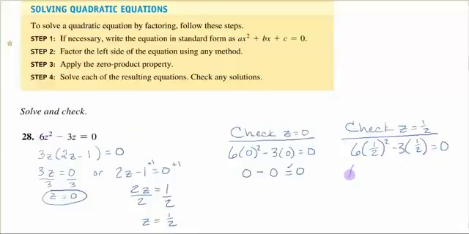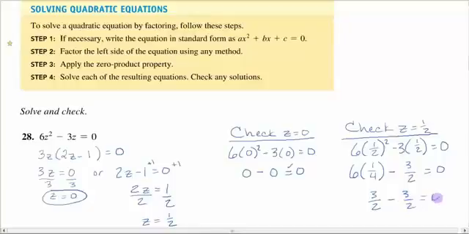And we'll go from there. 6 times 1/2 squared is 1/4, minus 3 times 1/2 is 3/2, equals 0. And now I have 6 times 1/4. That's 6/4 or 3/2 minus 3/2 equals 0. And yes, that does check. So our second solution is also correct. z equals 1/2.